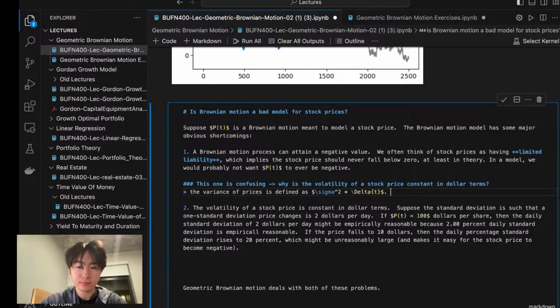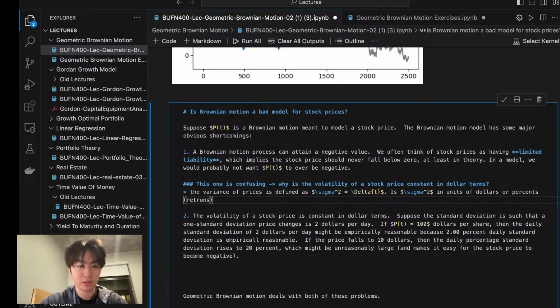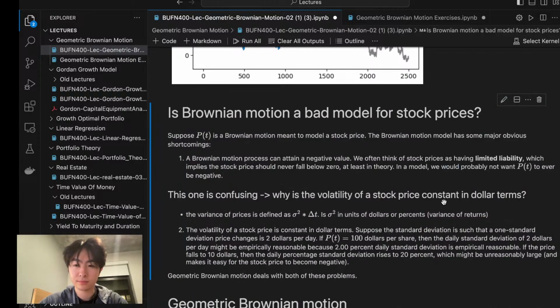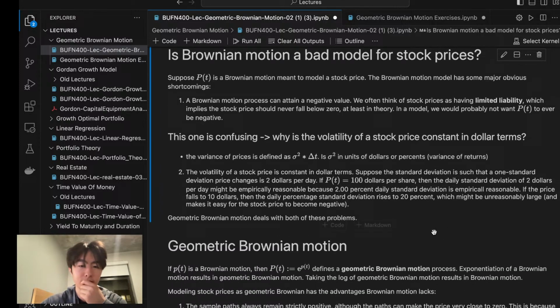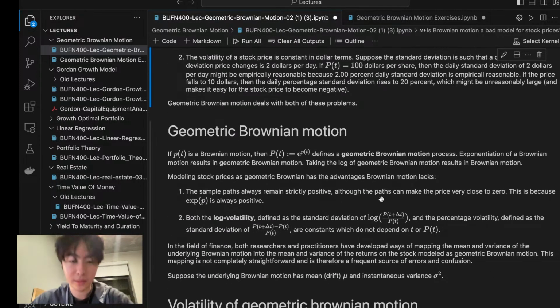So is sigma squared in units of dollars or percents? So percents meaning returns, variance of returns. Okay, yeah, that's something I can come back to.